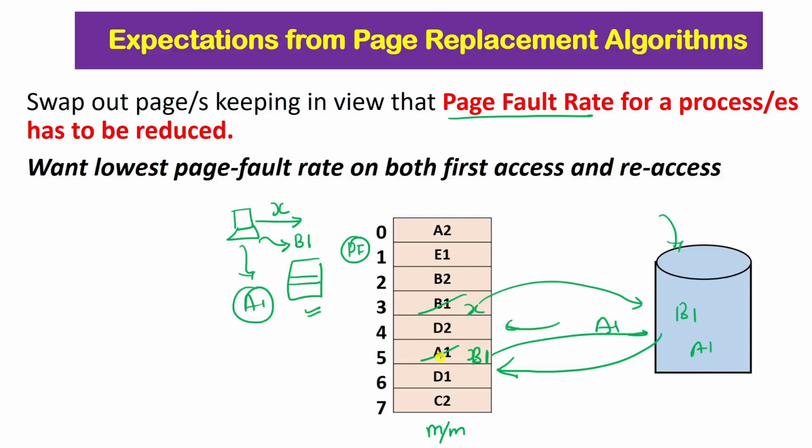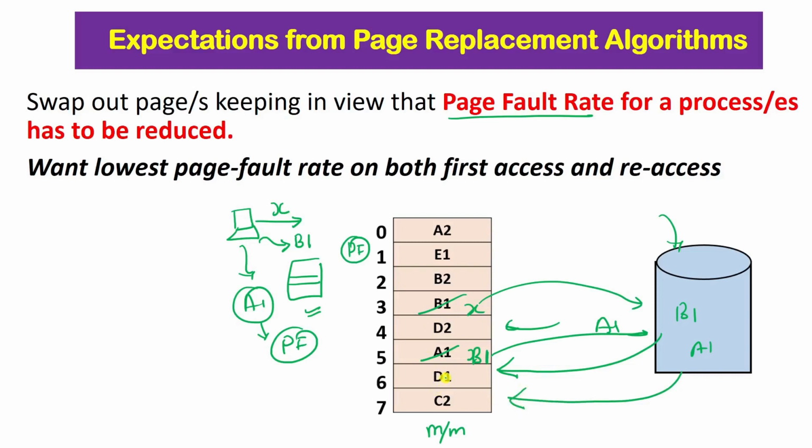Because A1 was caught as the victim in the previous page replacement, this time A1 will cause a page fault because it is not inside main memory, and again it will repeat the same thing. A1 will be brought here, and so on.